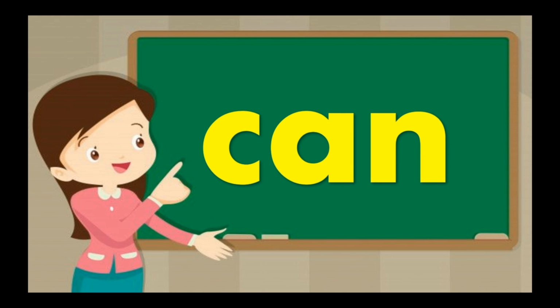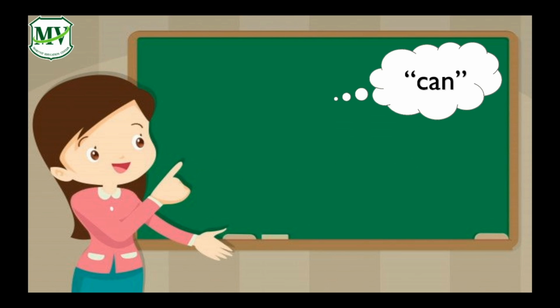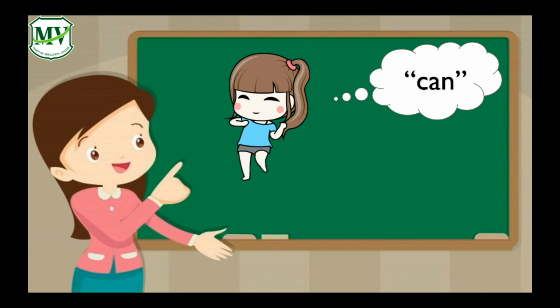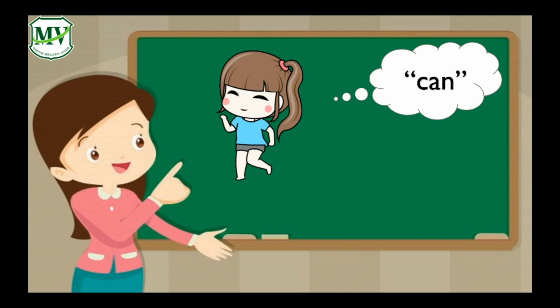Can. The modal verb can is used to express a person's ability. For example, look at the picture. What will be our sentence using the modal verb can? Repeat after me.